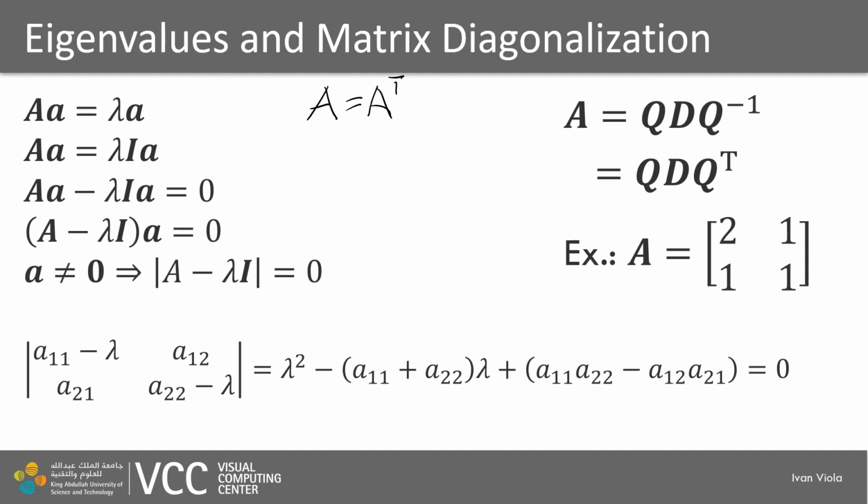Such a symmetric matrix we can decompose into a product of three matrices: the matrix Q, which is an orthogonal matrix, a diagonal matrix D, and the inverse of Q, which is again an orthogonal matrix. And it is the transpose as well, because we know that for orthogonal matrices, the inverse is the transpose matrix.